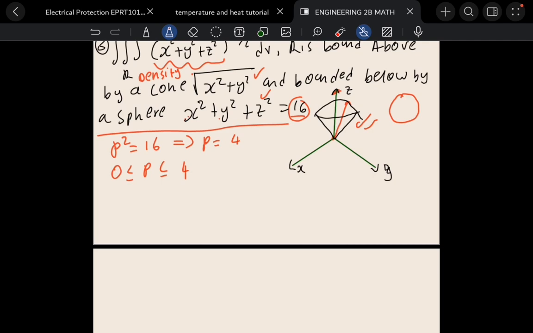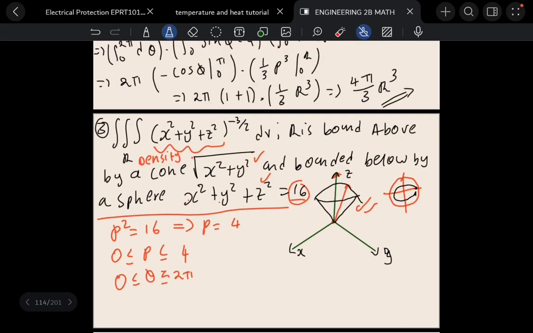If you look at polar coordinates, your region starts at this point and ends at that point, which means it is a full revolution. So your theta goes from 0 to 2 pi.